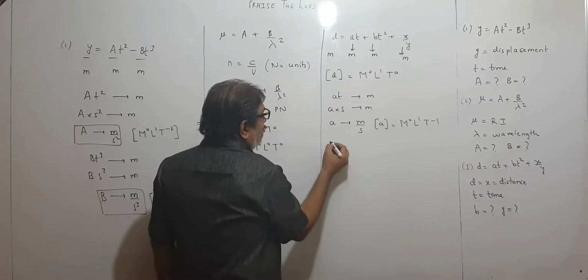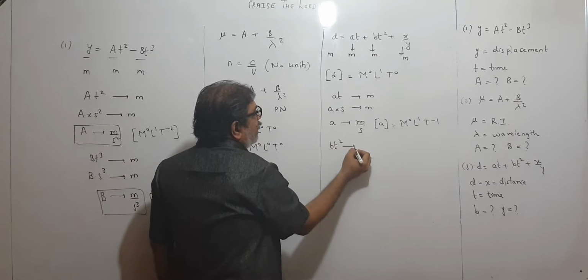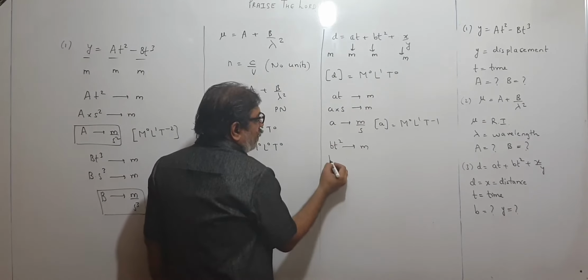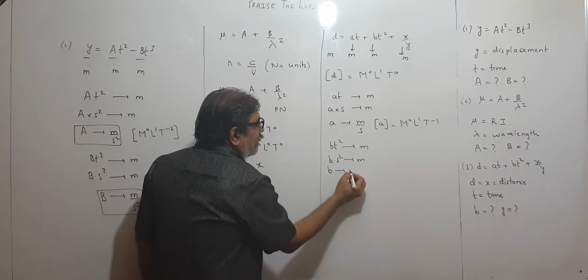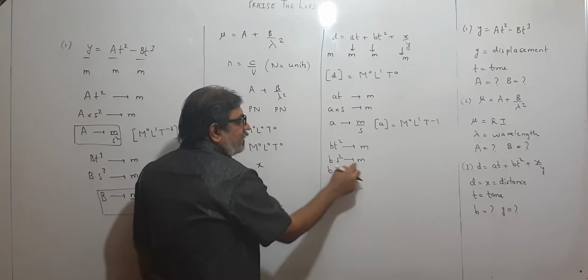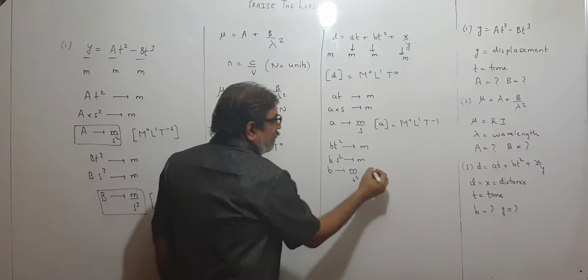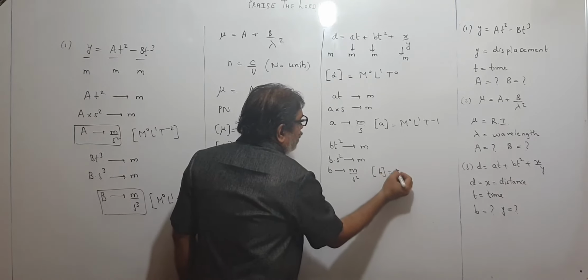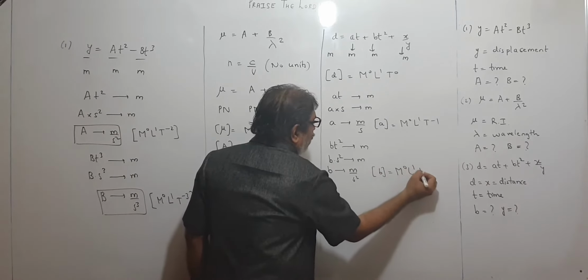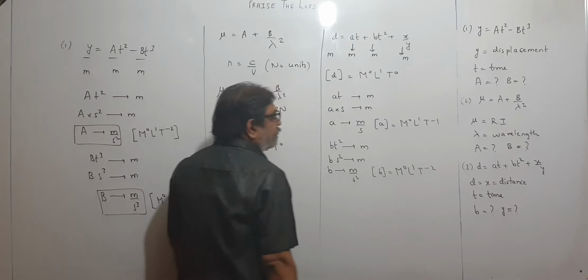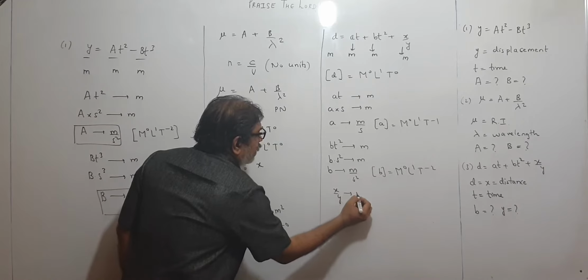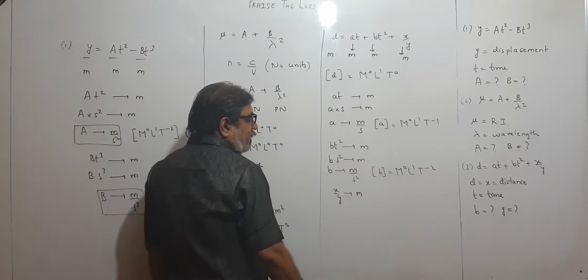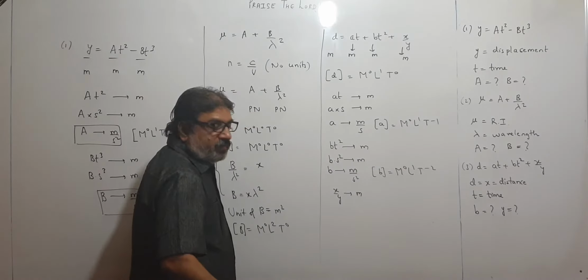Come to this. BT square has unit meter. So B into second square is unit meter. So B has got unit meter per second square. Second square comes down over here, cross multiplication. So dimensional formula for B will be M0 L1 T minus 2. Then X upon Y has got unit meter, in which X itself is meter.